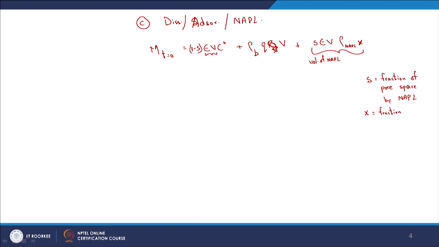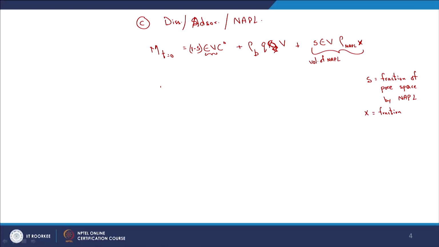So here let me plug in a few values and look at an example. But before I go further, to understand the system better, let us try to calculate the retardation factor. The retardation factor is equal to the total mass at time equal to 0 divided by the mass present in the dissolved phase, which is 1 minus S times porosity times V C naught.